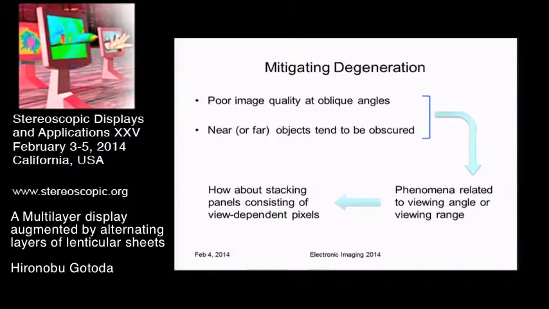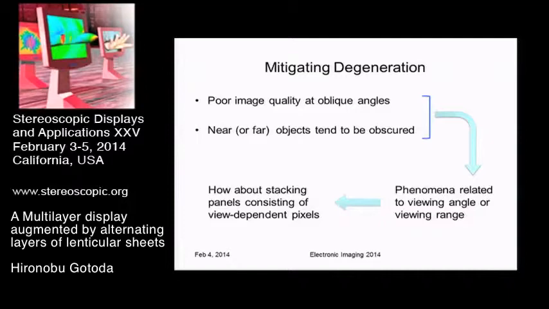In order to address these problems, I'm considering an extension of multilayer displays. Just to summarize what we have observed: images from multilayer displays are poor at oblique angles.